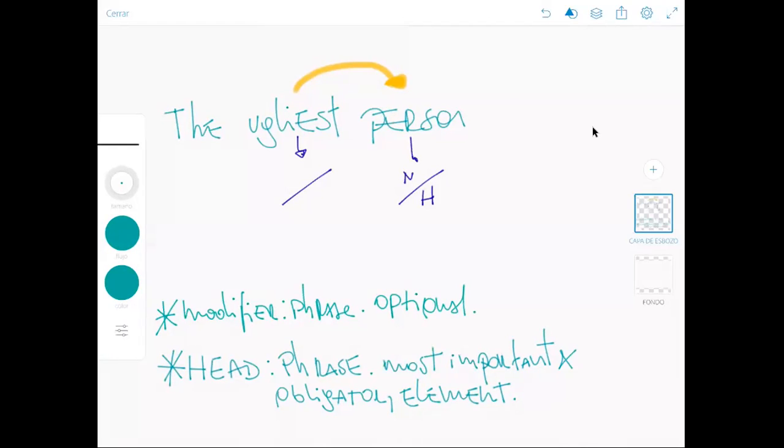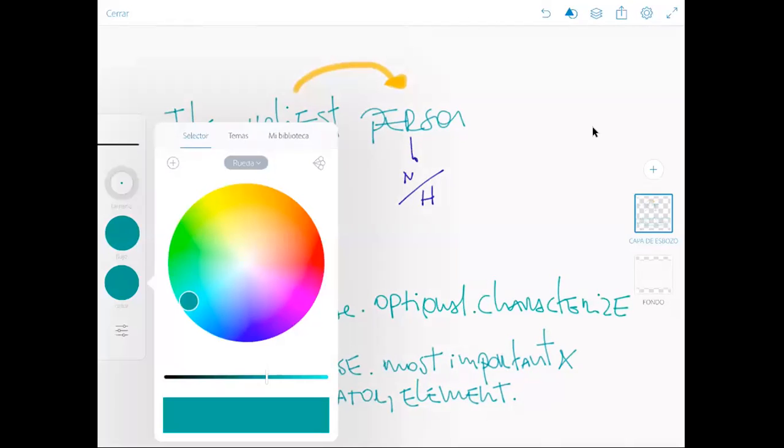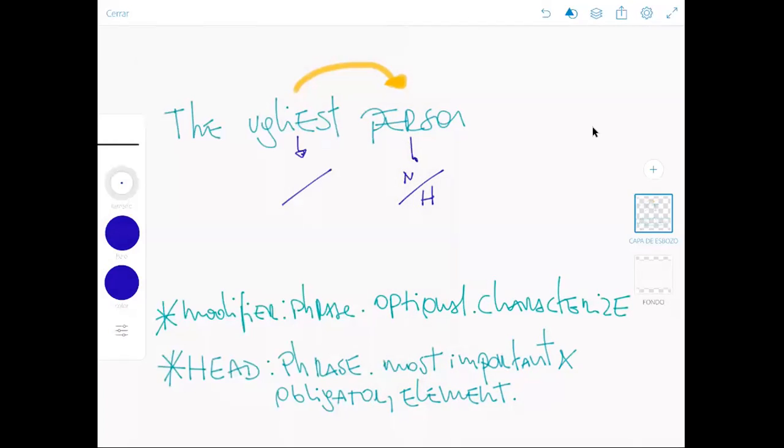Their function is to characterize the head, to provide a feature within the head. So ugliest is modifying person. Now, as it is before the head, we will call it pre-modifier. And ugliest is an adjective, so it is an adjective pre-modifier.